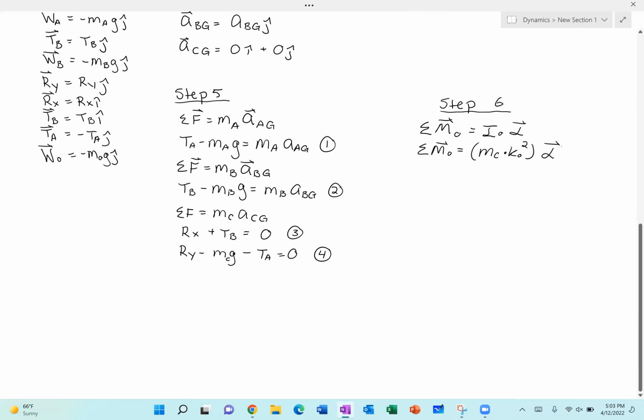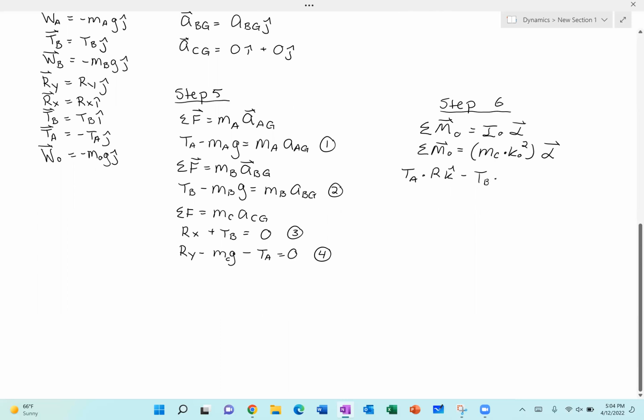So we'll just be left with the sum of the moments equals the mass moment of inertia about O times the angular acceleration. And we know the mass moment of inertia about O is the mass of the disk times the radius of gyration squared.